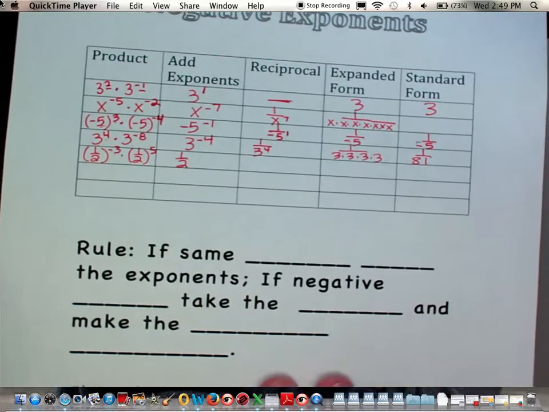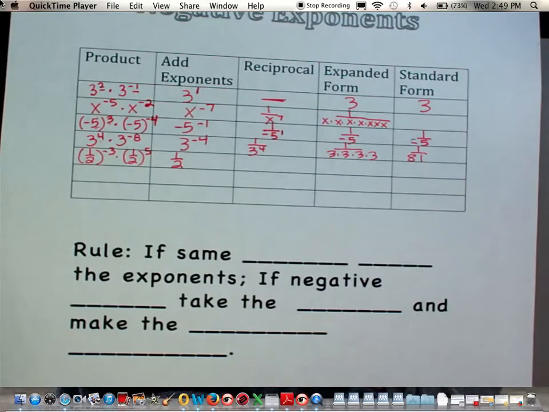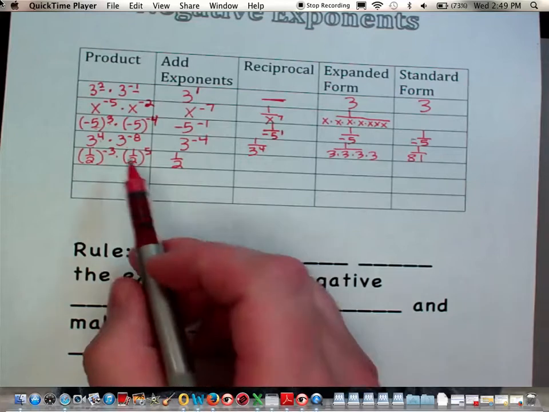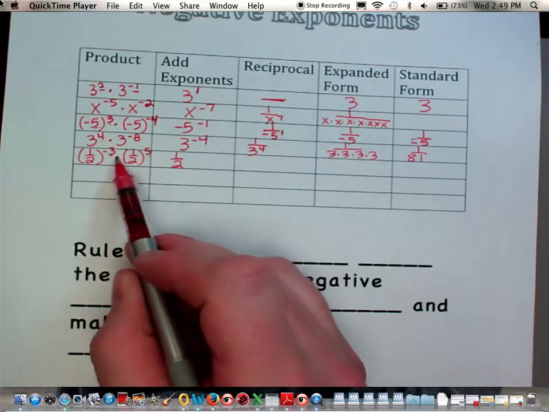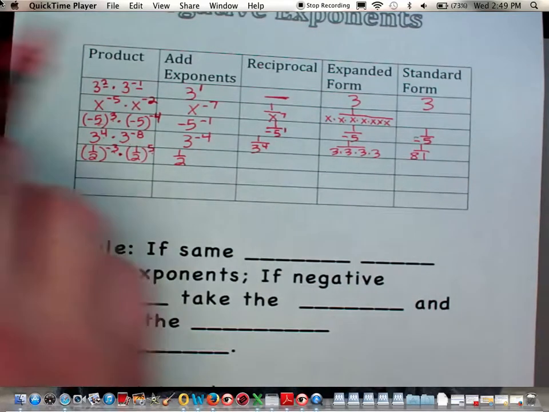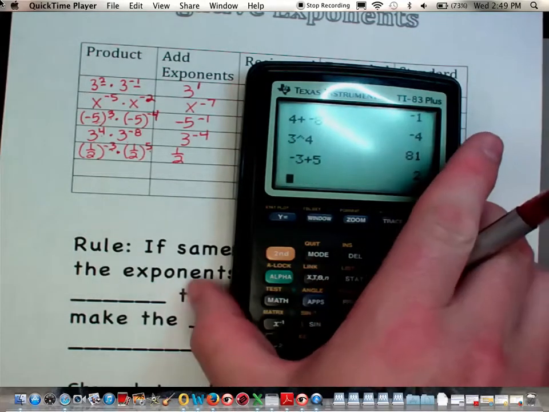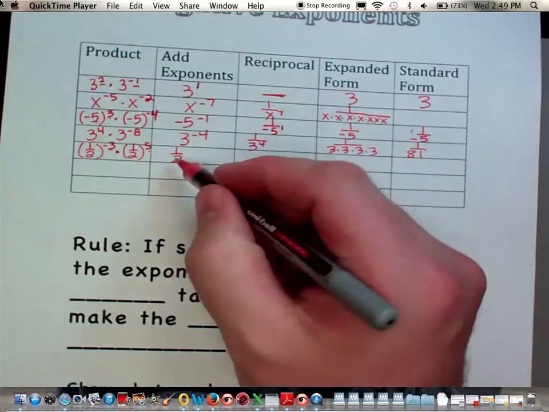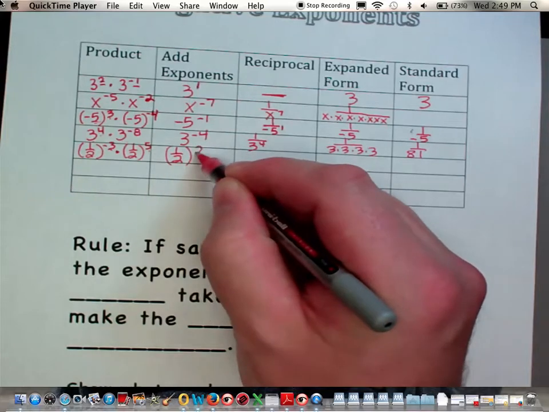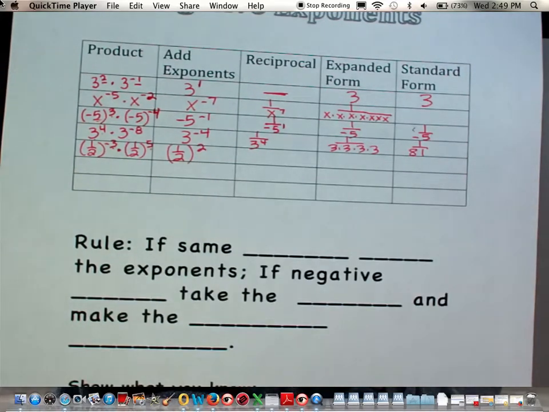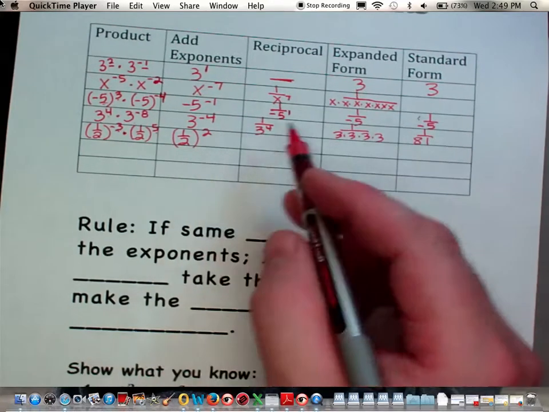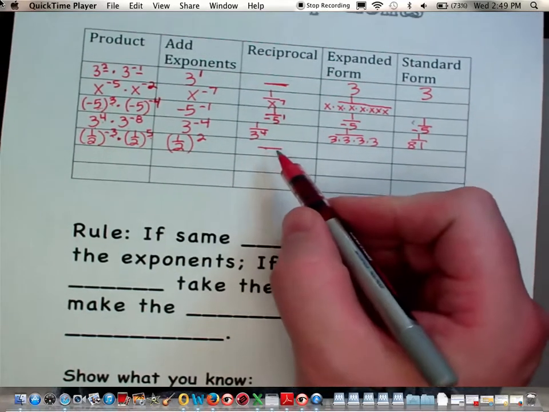Then I know by rule that since it's the same base, I just add my exponents since I'm multiplying. So I'm going to take negative 3 plus 5, and I get 2. So I got 1/2 squared, or 1/2 to the 2nd power. My exponent is positive, so there's no reciprocal.